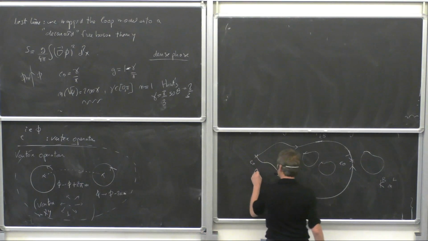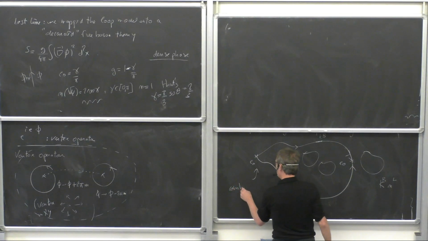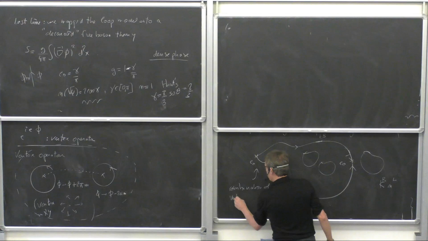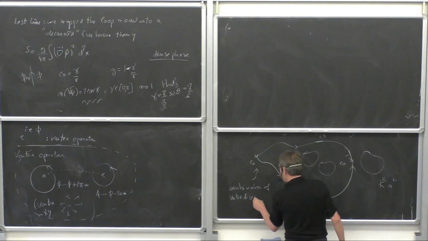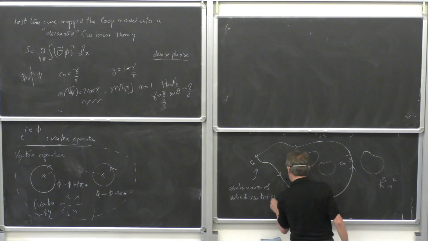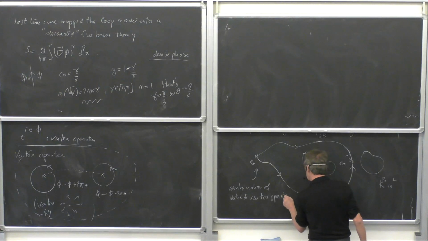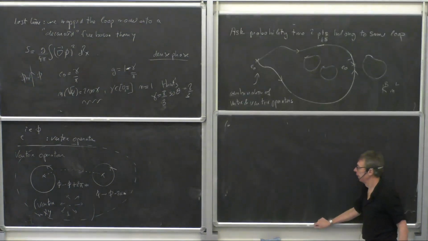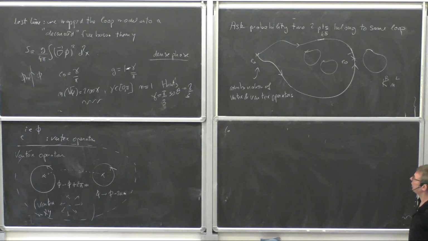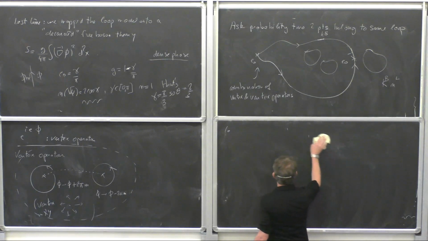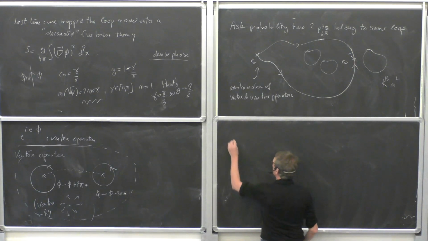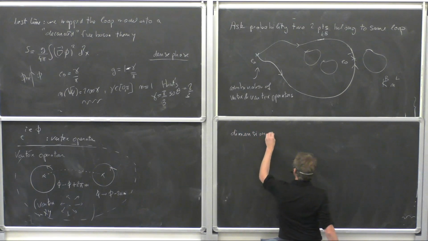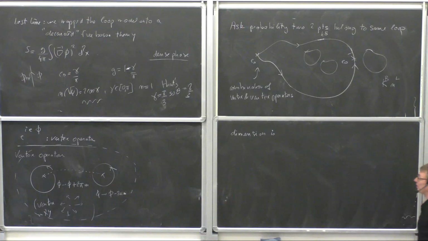So here we need a combination of vertex and vortex operators, which I could write in terms of left and right moving bosons, but I'm not going to. And now what we need finally to conclude is what is the dimension of these guys. And I'm just claiming that the dimension is very much like for vertex operators.